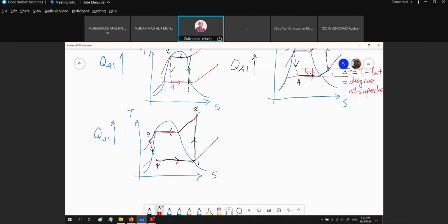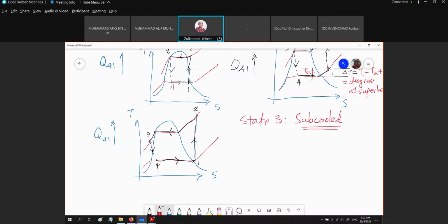This state 3 is also known as the state of subcool. Okay? State 3 is also known as the subcool condition, which is when the temperature T3 is lower than the T sat at the condenser side.